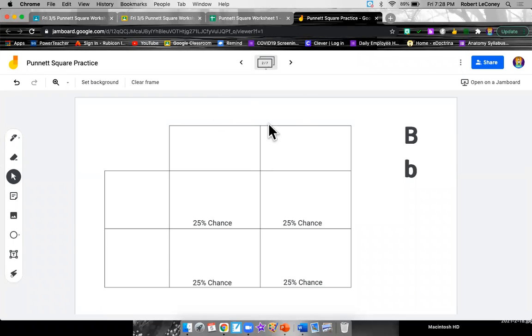All right. So up here, we're going to call this mom. Mom is hanging out at the top. And then over here, dad is on the side. So what are mom's alleles?